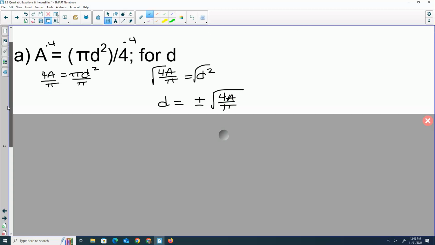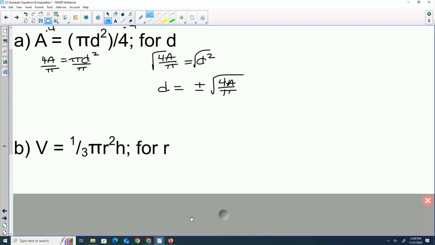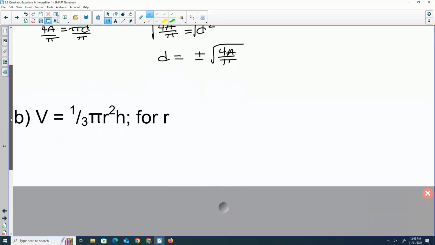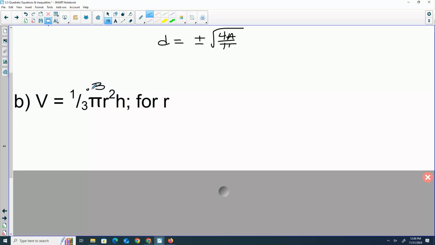All right, you guys do one. If we get it, then I'm done. Everybody try this problem. How do we cancel the 1/3? So 3b equals pi r squared h. All right, I did see a couple issues with the h, but all of this is multiplied together.